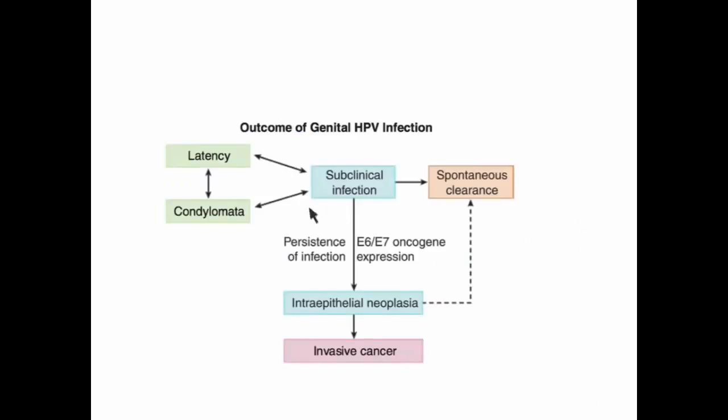Now, once we have an infection with HPV, it's based on the type. If we have infection with type 6 and 11, we're going to get condyloma or genital warts. If we have 16 and 18, we're going to get intraepithelial neoplasia, or what we call CIN. Now how do 16 and 18 cause CIN? Basically they secrete two kinds of proteins, which you see here, E6 and E7.